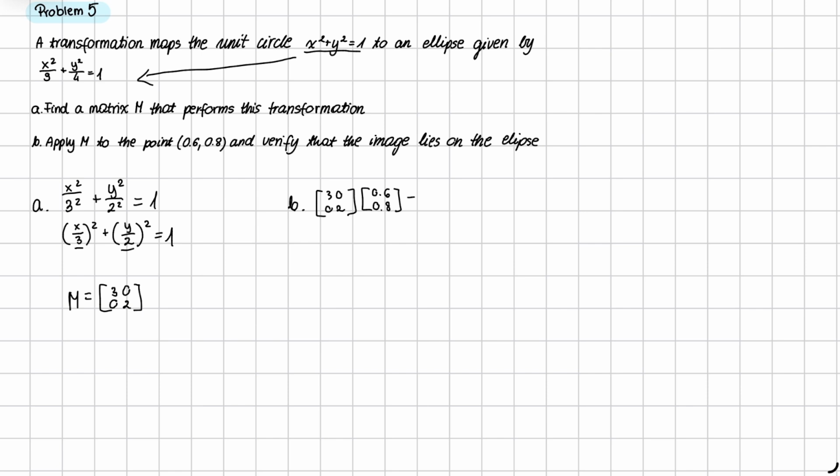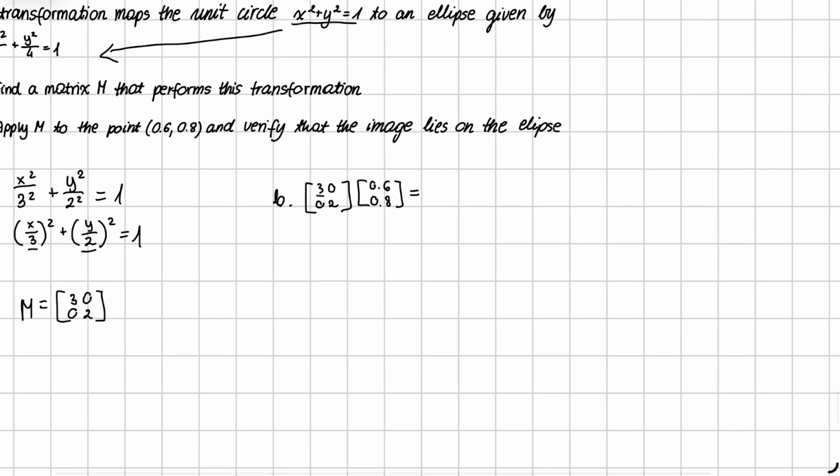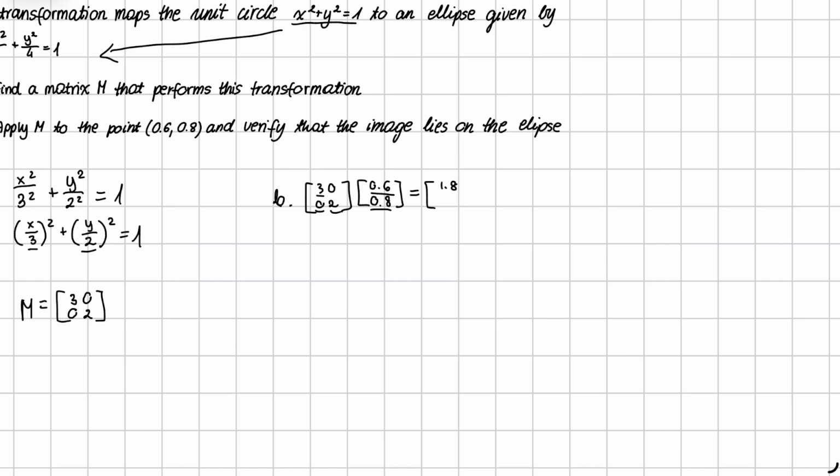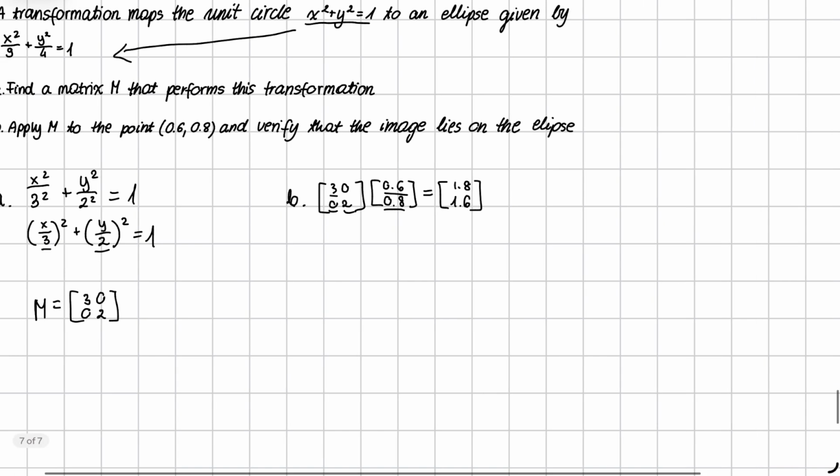So we can simply calculate it using our calculator or by hand, because here we have 3 times 0.6 plus 0, so it's just 1.8, and then we have 0 times 0.8 and 2 times 0.8, so it's just 1.6.